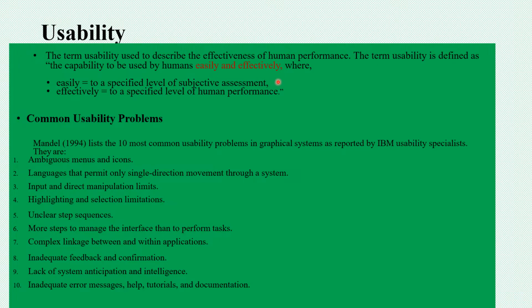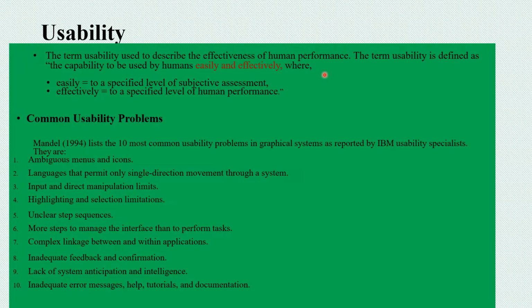So what does easily mean? Easily is equal to a specified level of subjective assessment. Effectively is equal to a specified level of human performance. So usability mainly deals with how effectively the performance of the human can be enhanced.